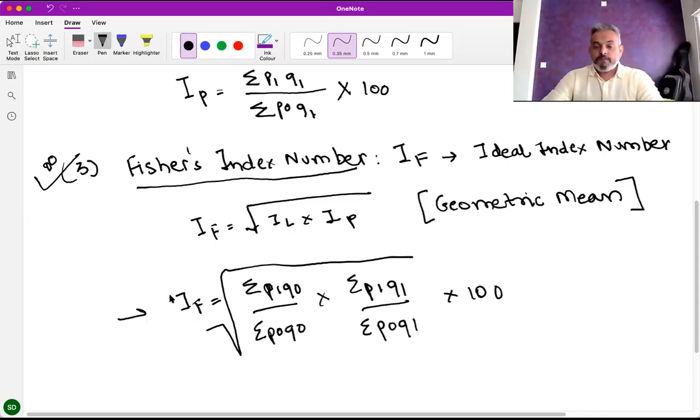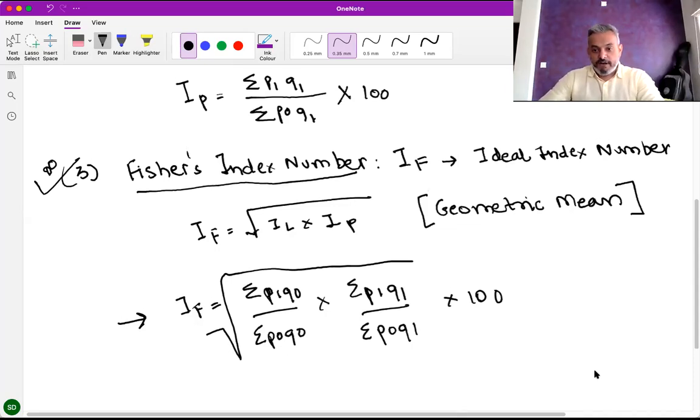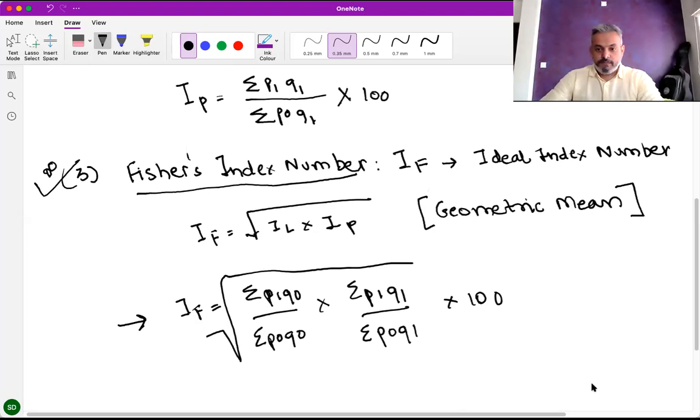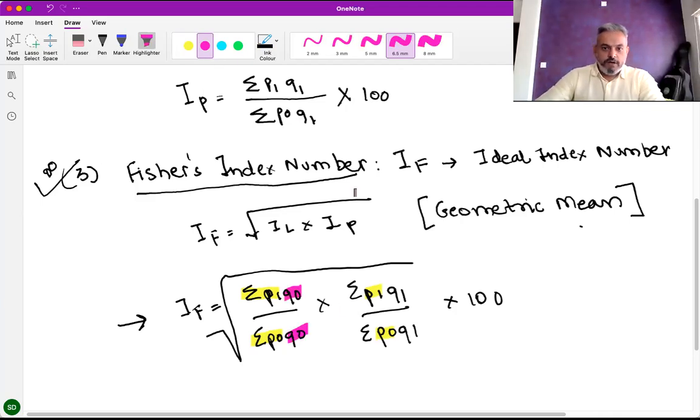Please write the formula. Now you can very well see over here that P1 upon P0 remains common in both of them. Here you have Q0 and here you have Q1. So that's how you can remember.